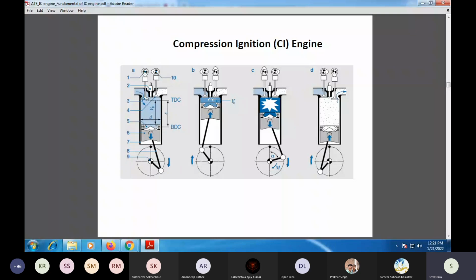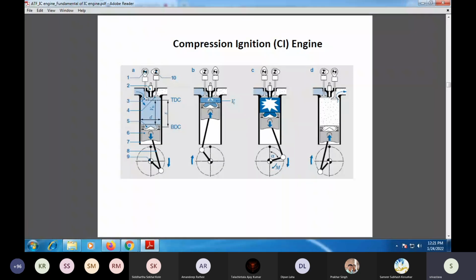Fuel injection pressure is very, very important in the diesel engine. So towards the end of the compression stroke, the fuel is injected through the fuel injector at very high pressure.